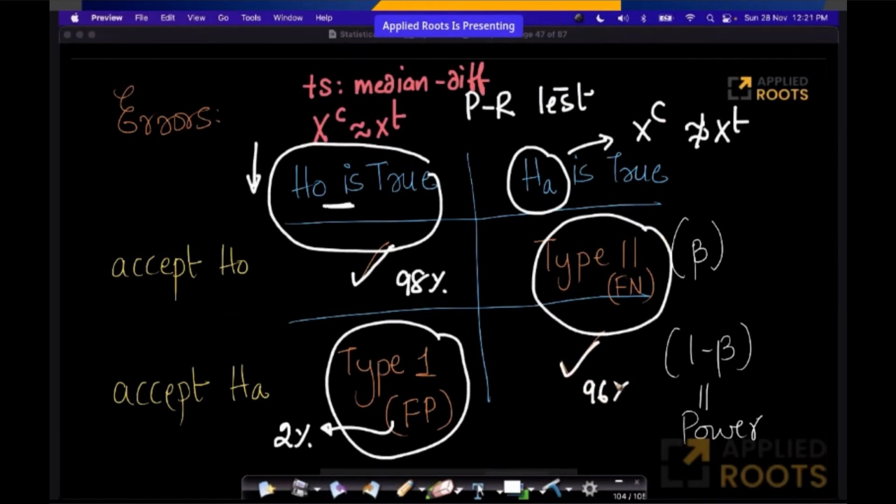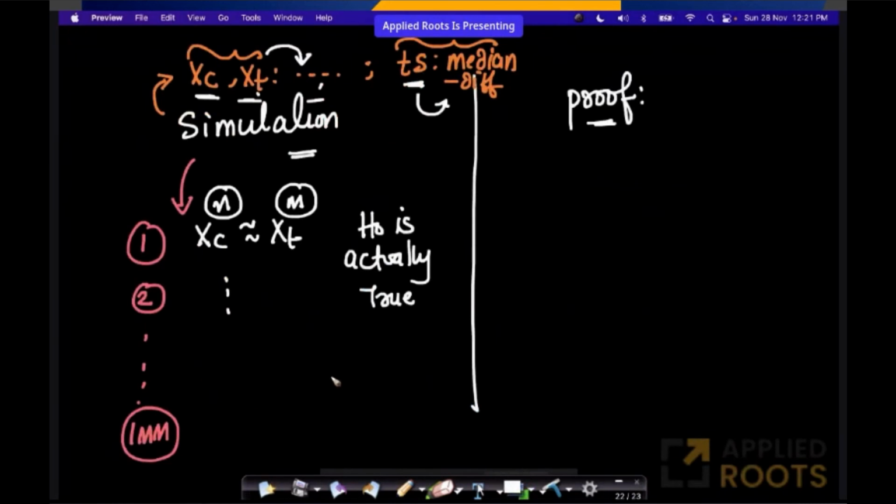Maybe this is 96% of the times. And how many times did we accept H0, right? That could be 4%. So through this sort of setup you can get the power. The power is basically this 96%. So we can get power, type 1 and type 2 errors, and also how many times we accept H0 given that H0 is true, only under a simulation setup.